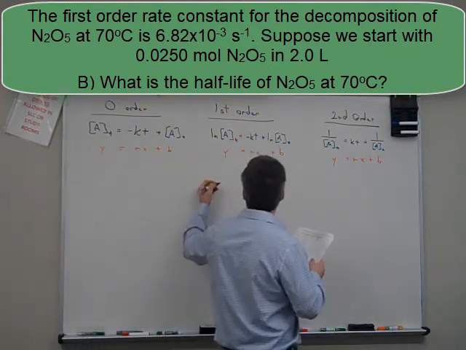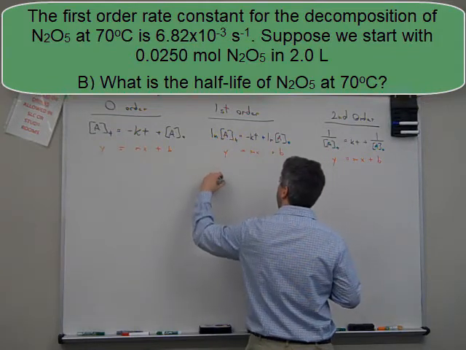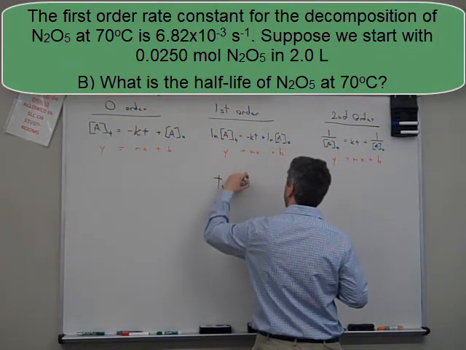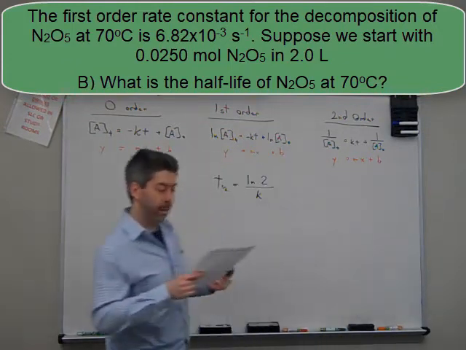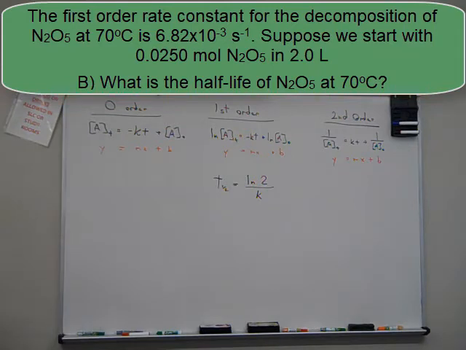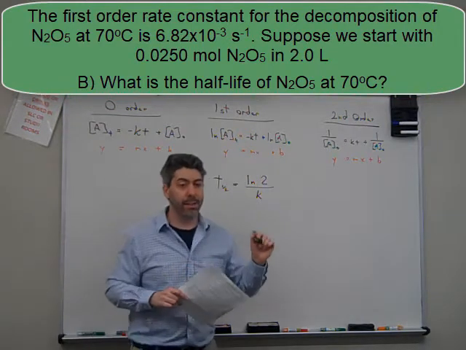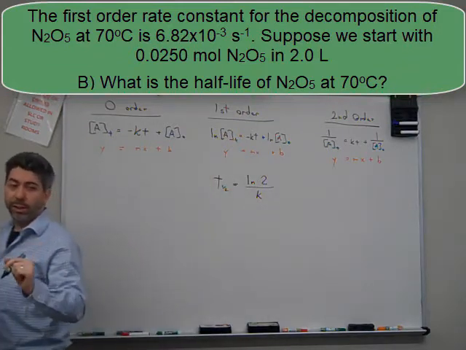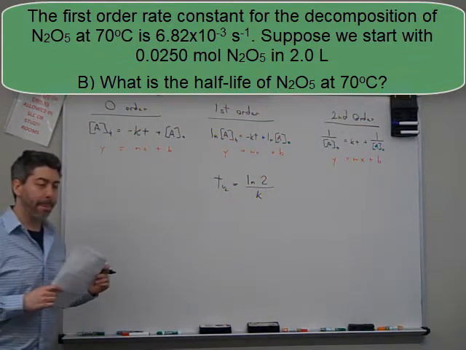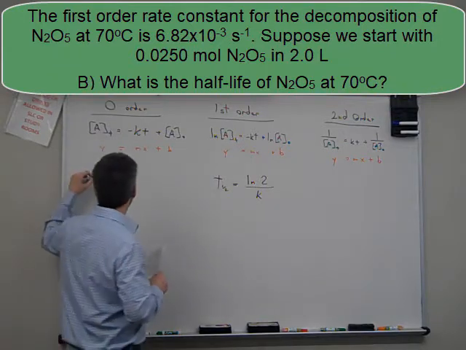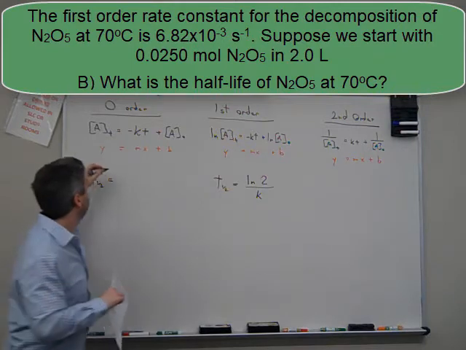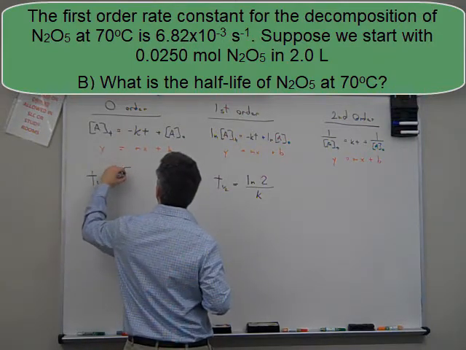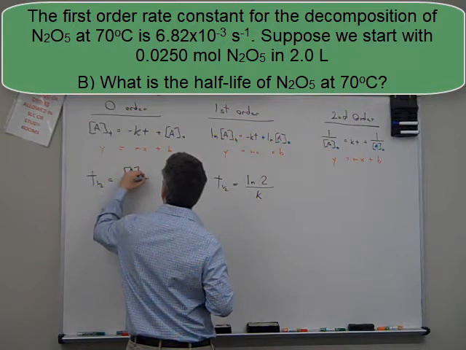In this case, for a first-order reaction, the half-life is equal to the ln of 2 over k. Okay? The ln of 2 over k. You'll notice that this is the only half-life that is not concentration dependent. The half-life of a zero-order reaction is, I believe, the concentration of A initial over 2k.